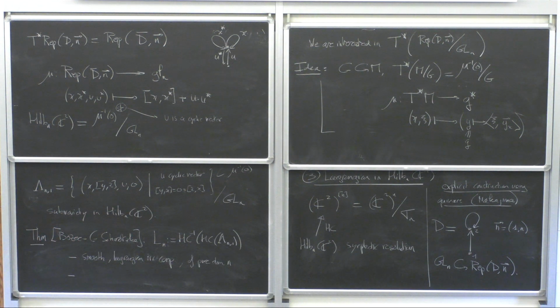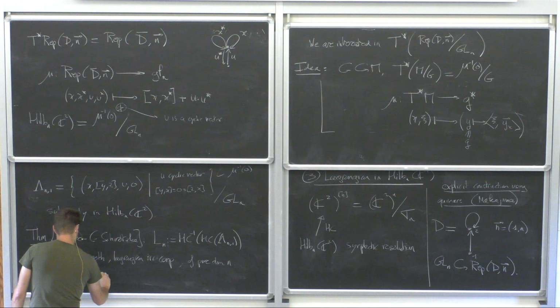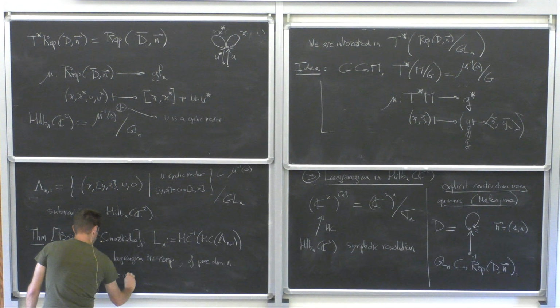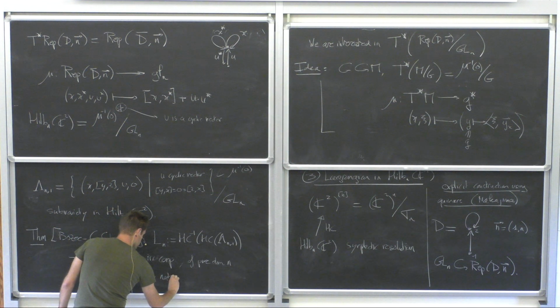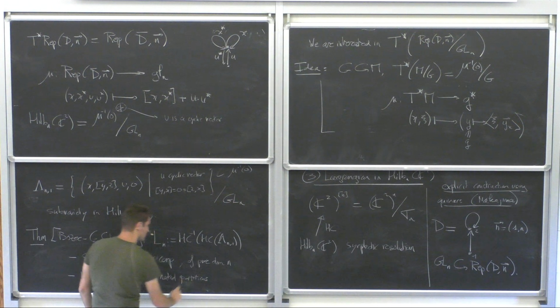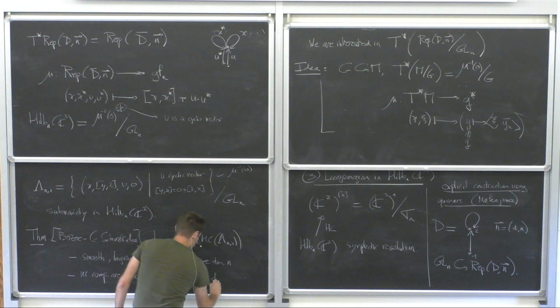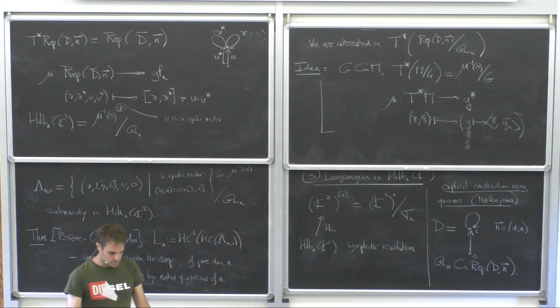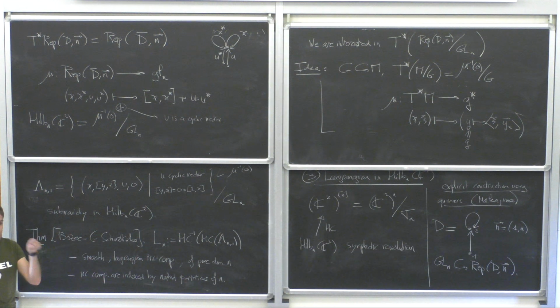And its irreducible components are indexed now by nested partitions. So it means that it has a lot of irreducible components. You pick a partition of n, you have numbers, and for each of these numbers, you pick an additional partition.